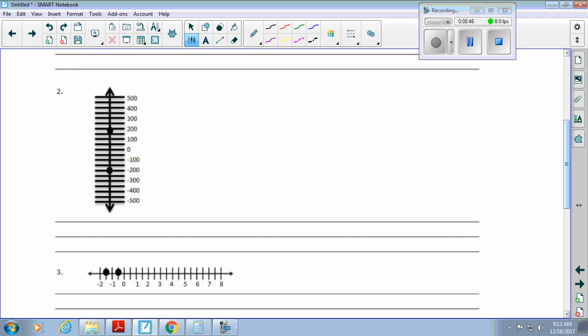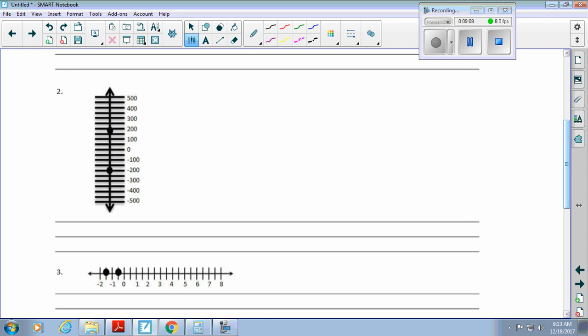You got sucked into the math wizard's layer there. These are only labeling 100, but there's a jump in between. So that's what you have to be careful of. So what is it really counting by, Mackenzie? Half? Halves of 100, which is, everybody? 50. Yeah. So it's counting by 50s.